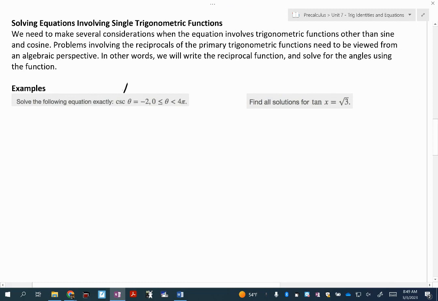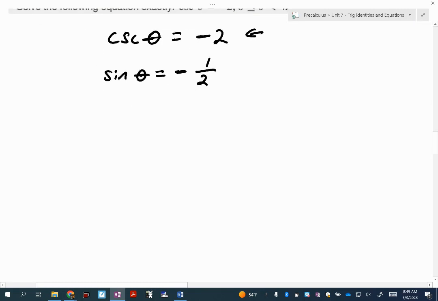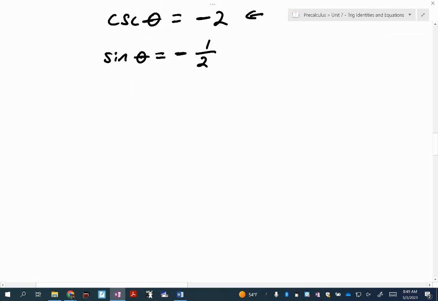So I'm hoping when you see cosecant of theta equals -2, that you change this to the reciprocal of cosecant, which is sine, right? But now, because I've flipped cosecant to be sine, I need to do the reciprocal of -2. And the reciprocal of -2 is still negative. We don't change that. But the reciprocal of 2 is 1/2. So it actually looks very similar now to what we did on the last problem.